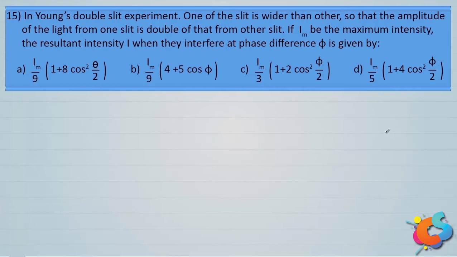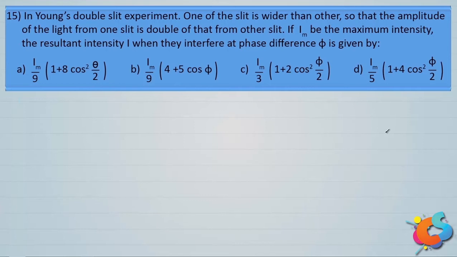If IM is the maximum intensity, the resultant intensity I when they interfere at phase difference phi is given by options A. Im by 9 into 1 plus 8 cos square phi by 2. B. Im by 9 into 4 plus 5 cos phi. C. Im by 3 into 1 plus 2 cos square phi by 2. And D. Im by 5 into 1 plus 4 cos square phi by 2.